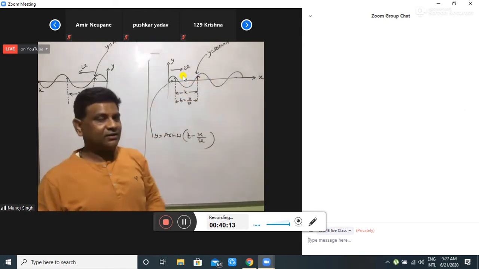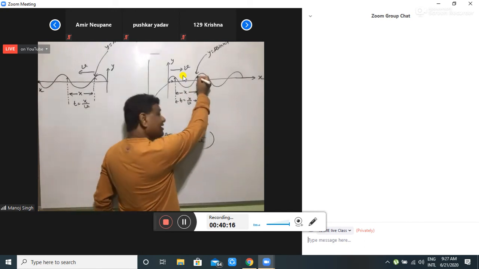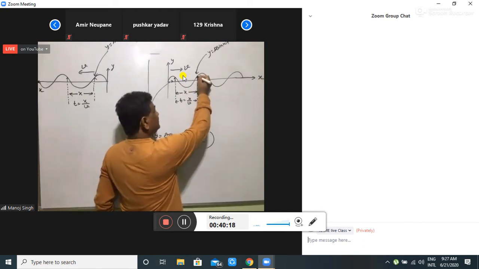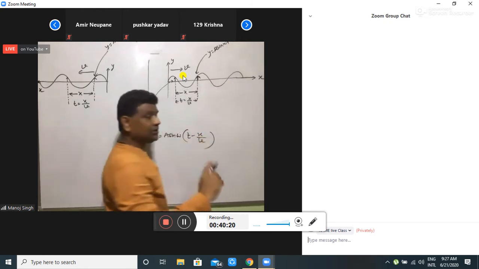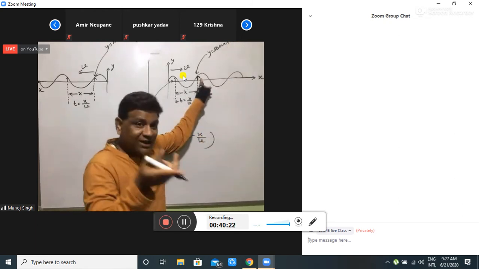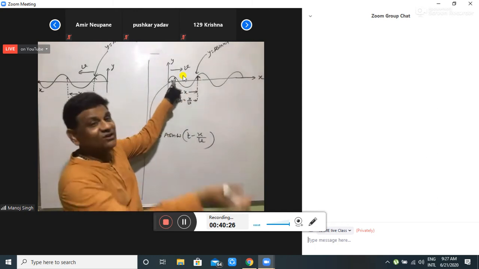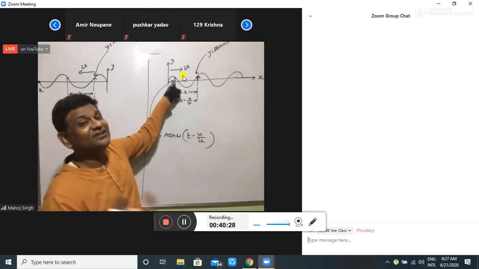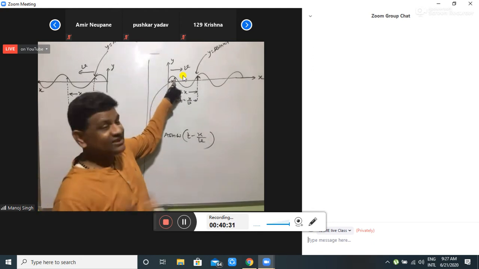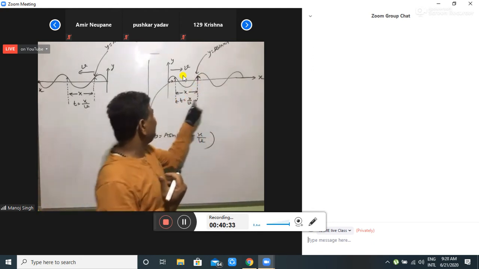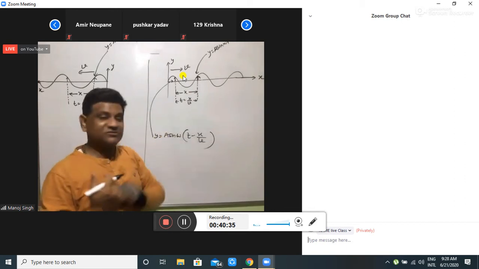I repeat again in the class: this particle is disturbed at a time t. With respect to this particle, that particle was disturbed at time t minus x by v.